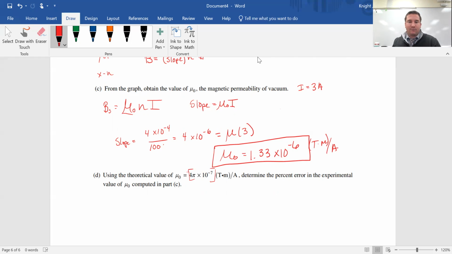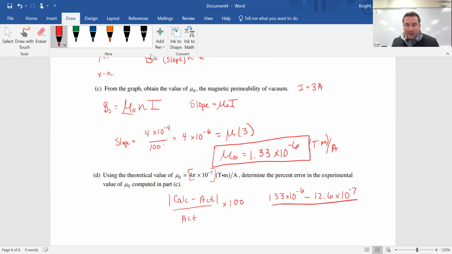So percent error is the calculated minus the actual, absolute value, over the actual, times 100. 1.33 times 10 to the negative sixth minus 4 pi, which is 12.6 times 10 to the negative seventh, divided by 12.6 times 10 to the negative seventh, times 100.